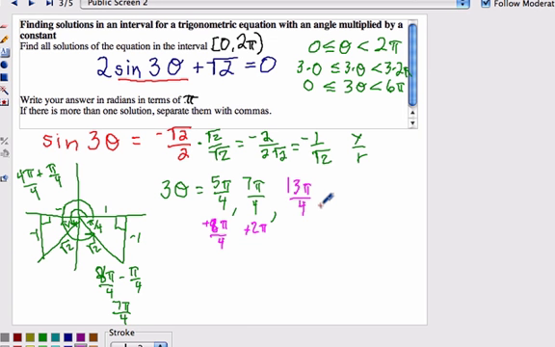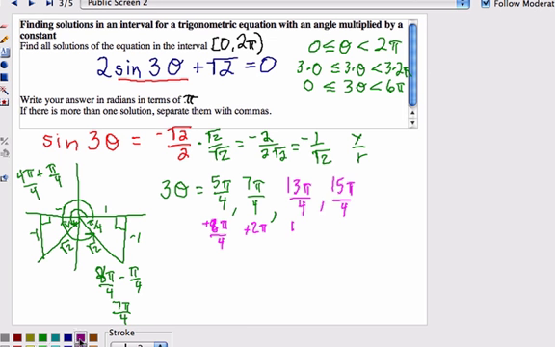And so that's going to give me 15 pi over 4. Now I want you to see if I went 2 rotations around, and then back to this reference angle, that's still less than 3 rotations. So you can get that by adding 2 pi on to this value here.